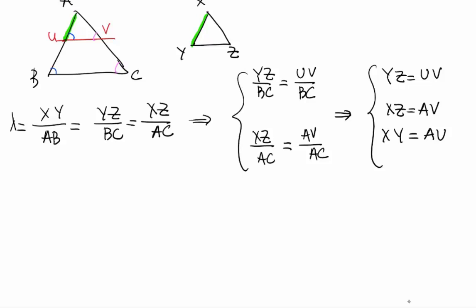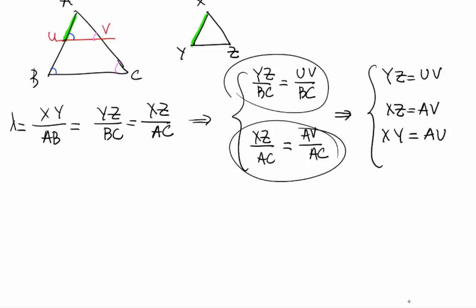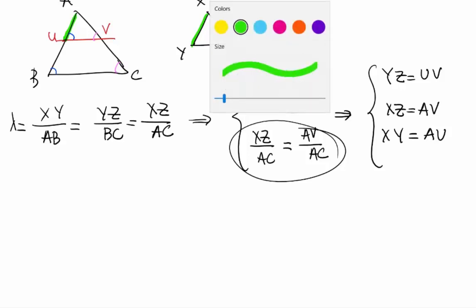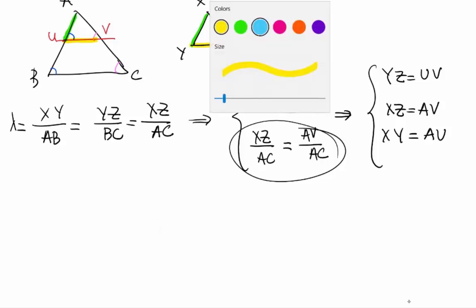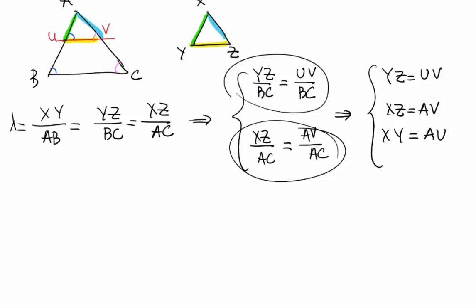The first equality gives us that YZ is equal to UV. The second one tells us that XZ is equal to AV, and we already constructed AU to be equal to XY. So far we have equality here, and this will be equal to that.